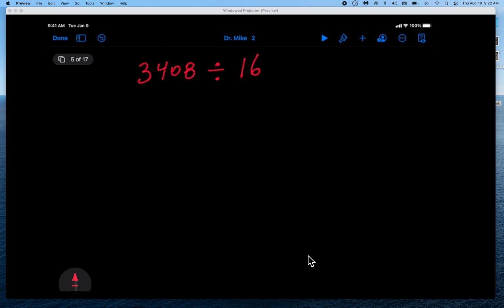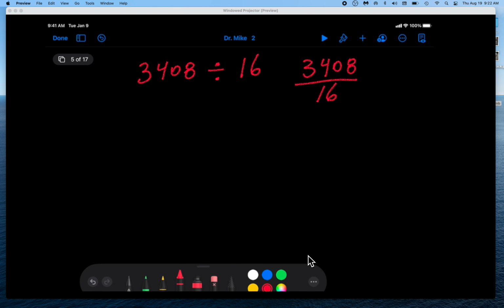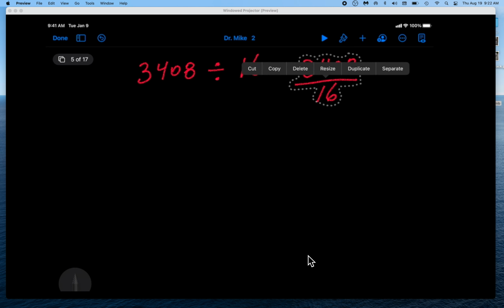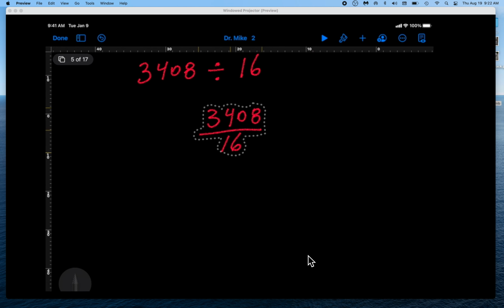Again, you might see this same problem as a fraction. If you see a fraction like this and you're asked to do division, how do we handle that, folks?